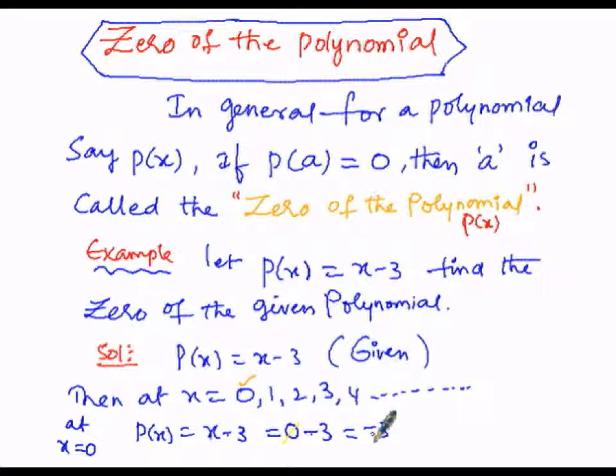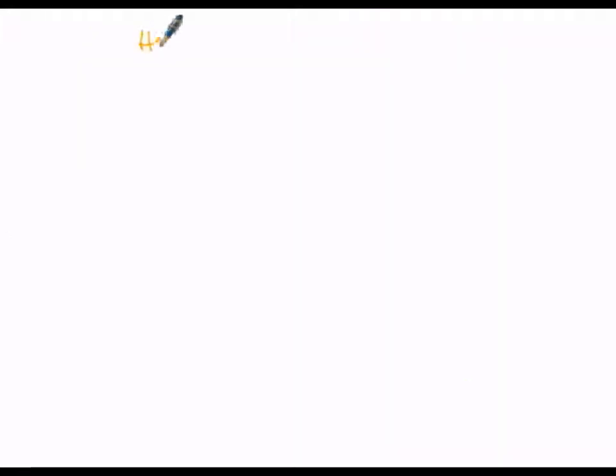So I got the p of x value as minus 3, but this value is not equal to 0. In order to get the 0 of the polynomial, we must get the result as 0, but here minus 3 is not equal to 0, therefore x equals 0 is not the 0 of the polynomial. Hence zero is not the 0 of the polynomial.